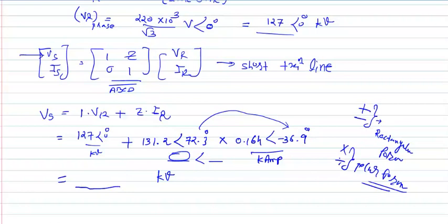I will write along with you. Okay, what is the rectangular form of this particular quantity? It is 127 plus j0. Now multiply this with this particular quantity.